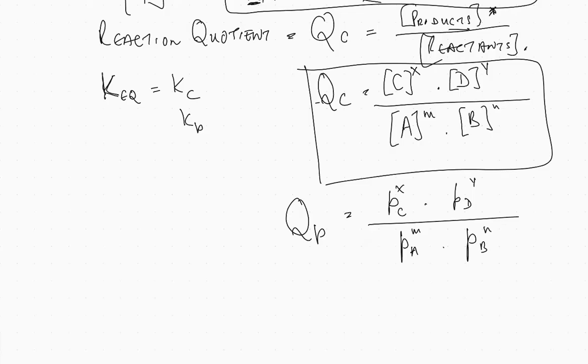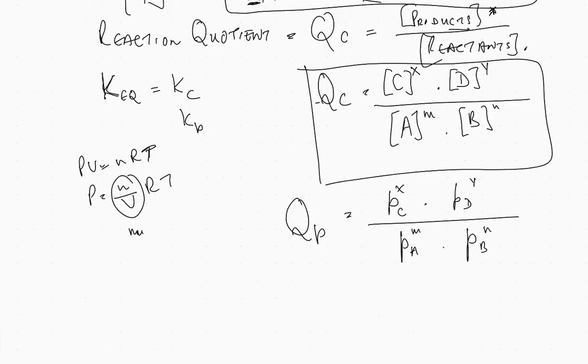Why it could be the same: you can express it if you take PV equals nRT, the ideal gas equation. So P equals n over V times RT, and n over V, the number of moles over volume, is the concentration.